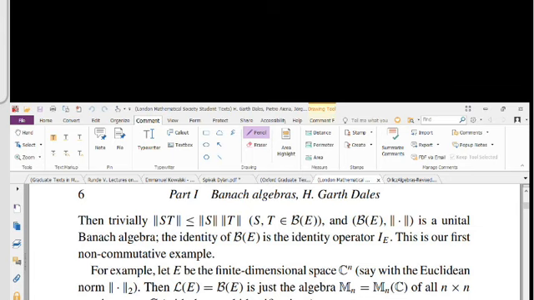And we know that this space equals the space of all n times n matrices over C, with the usual identification. This is a particular, curious example.